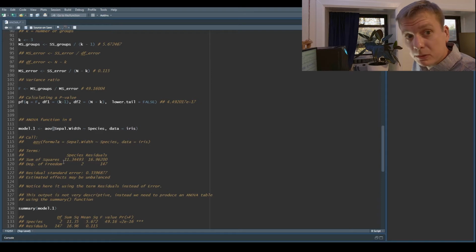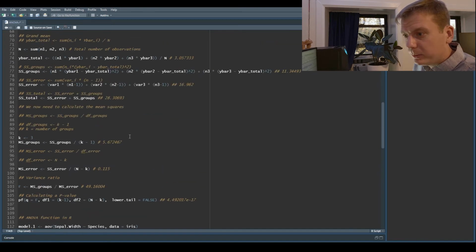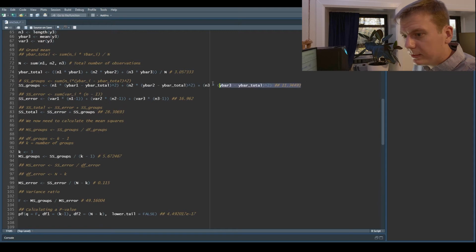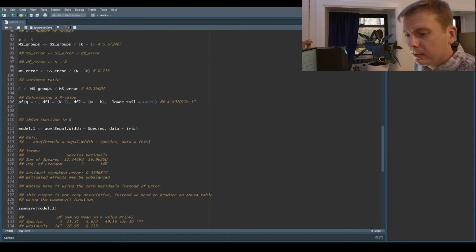We get our sum of squares. Oh, look, 11.34493. For our species, this is our sum of squares for our group. If we go up, we can see, indeed, that is our sum of squares for the group. Our calculation was correct. And then it also gives us a sum of squares of the residuals. Here, residuals refers to the error.